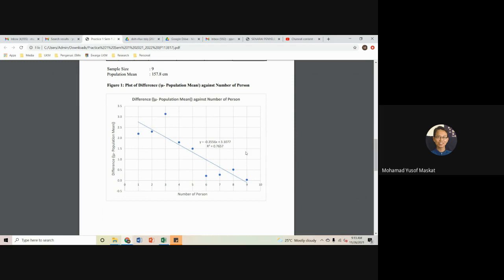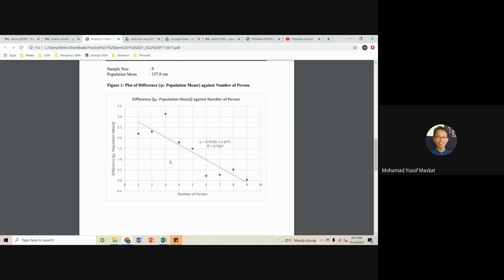The more samples we take from the population, the better the estimation of the population mean, the closer we will get to the actual population mean.